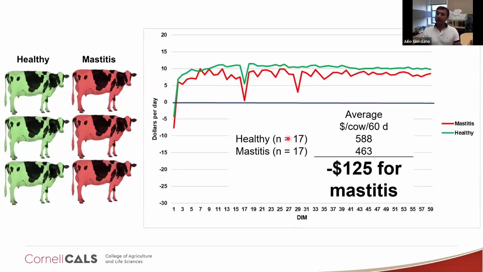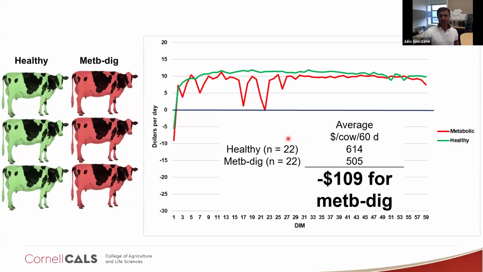So for mastitis, for this farm, for the prices that we included, profit is $125 less for cows with mastitis matched with healthy cows for the first 60 days in milk. And then for metabolic and digestive disorders, the estimated difference was $109.